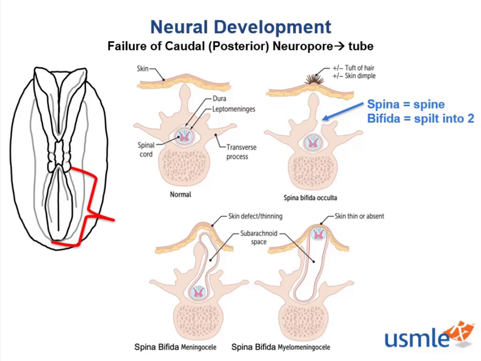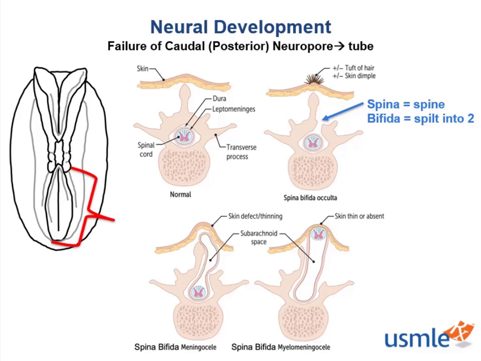Meningocele refers again to protrusion of the meninges through the posterior vertebral arch defect. The myelo refers to neural tissues, such as the nerves of the cauda equina, protruding through the posterior vertebral arch defect as well. As you may have reasoned, spina bifida with a meningocele or myelomeningocele are much more severe lesions than spina bifida occulta.